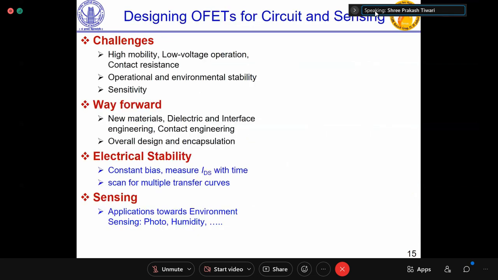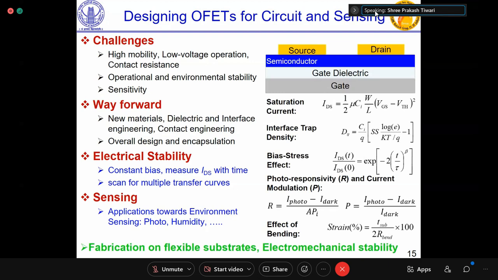Now, if you want to design a very good transistor for circuits and sensing, what are the parameters? Essentially, the challenge is to get high mobility, low voltage operation, and low contact resistance. Where does contact resistance come into the picture?